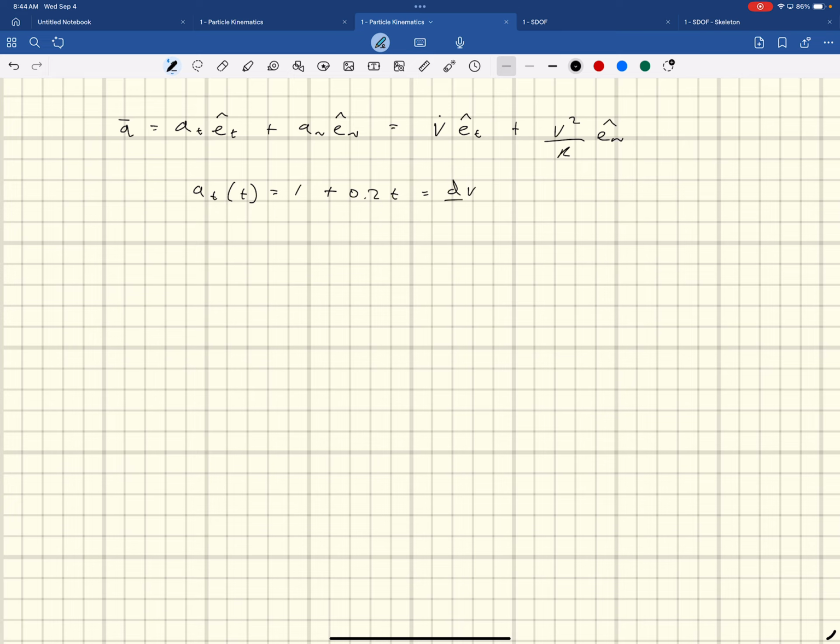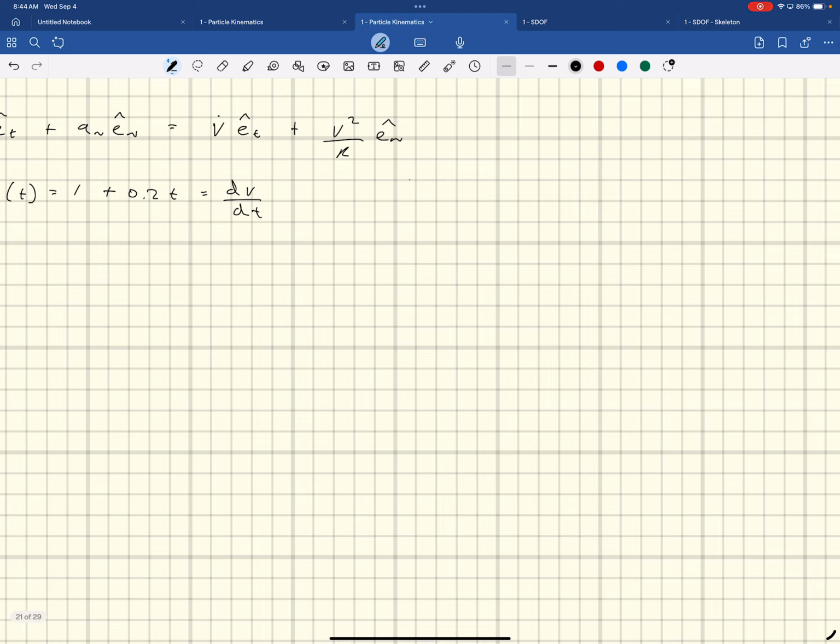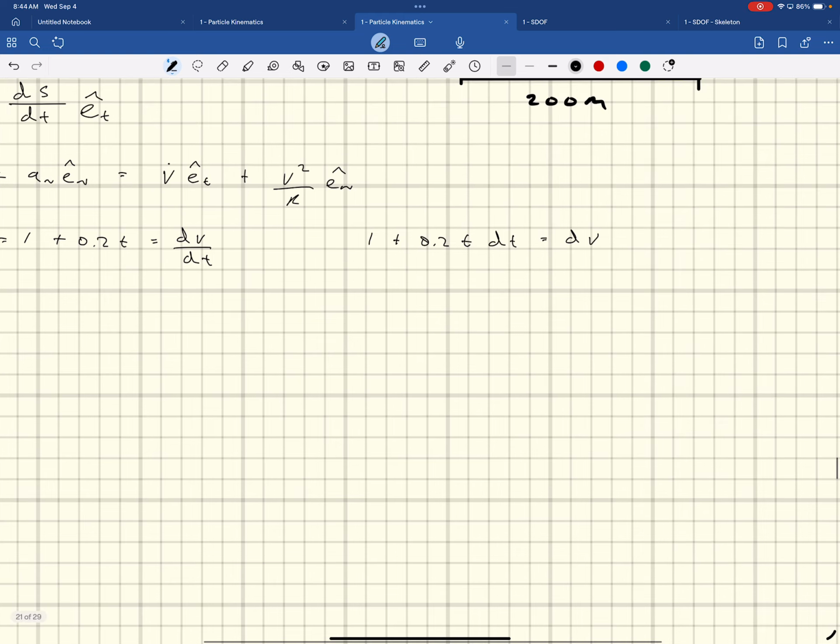That's acceleration, that's dv/dt. Put all the t's on one side: 1 plus 0.2 t dt is equal to dv. This is just how you solve acceleration as a function of time. We're basically going to integrate.